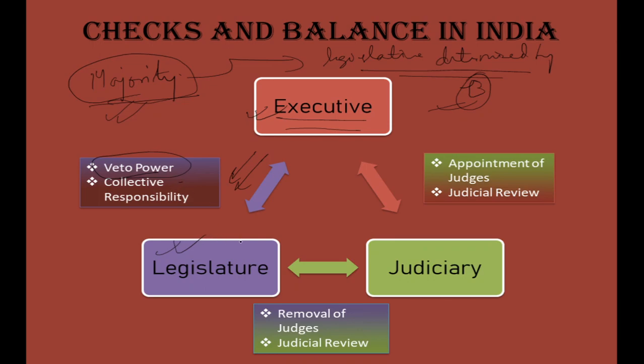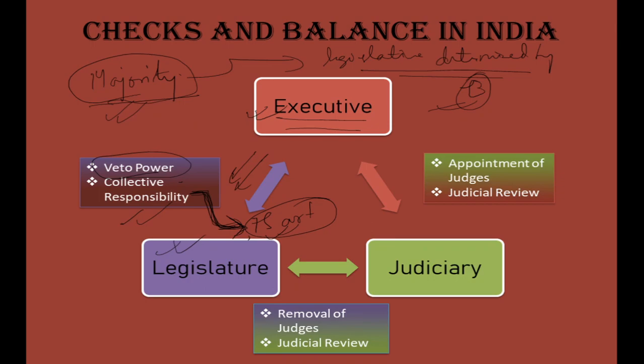The legislature exercises control over the executive through the system of collective responsibility. This is one of them under Article 75. So, what it says is that if a no confidence motion is passed against a minister, all the ministers resign, and thus the Council of Ministers are responsible to the Lok Sabha collectively.